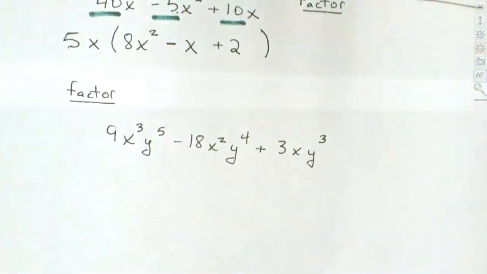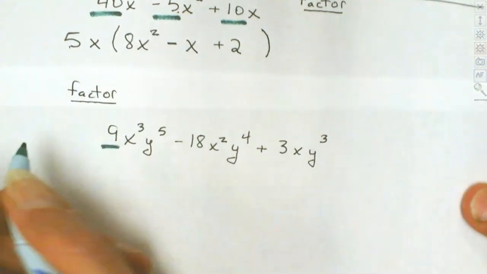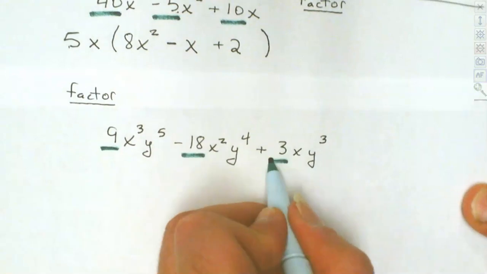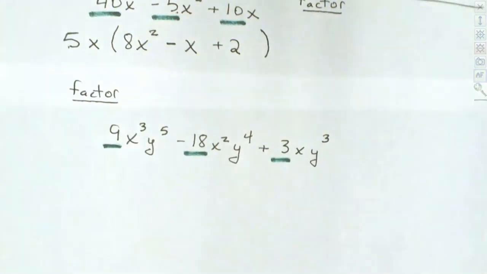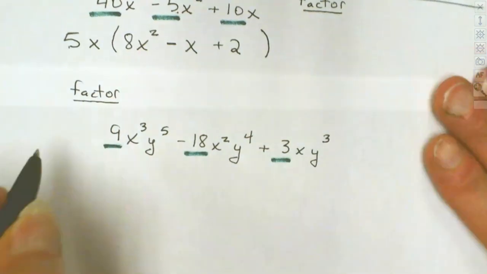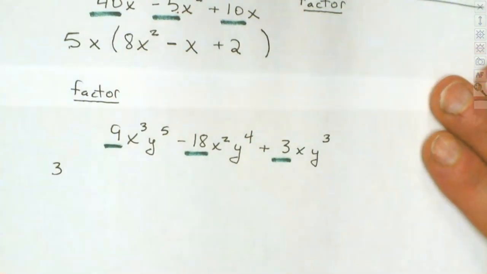And so we look at our numbers first. 9, 18, and 3. What do they all have in common? Can anyone tell me what number I put out front? 3. Okay, so the 3 is going to come out front. Then we look at our x's.